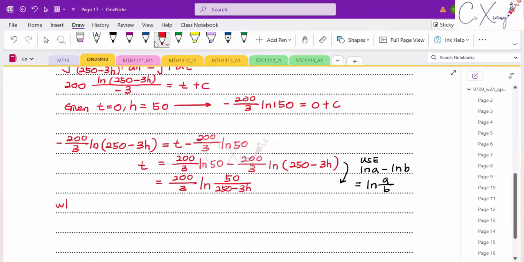Next, I try to find the value of t when h equals 80 cm. So if you're having ln 50 over 10, just use the calculator to help you. If you press the calculator, by right you should have a long number here.